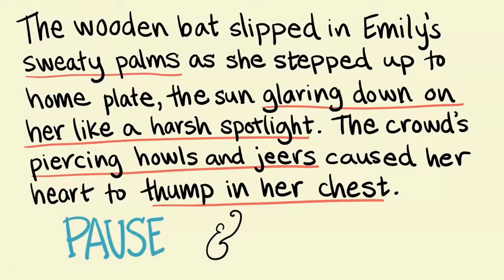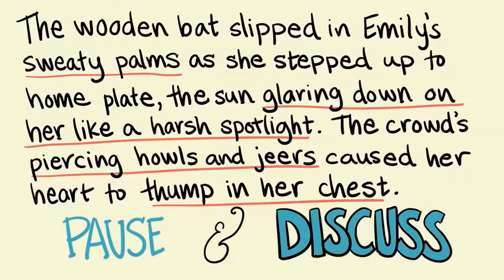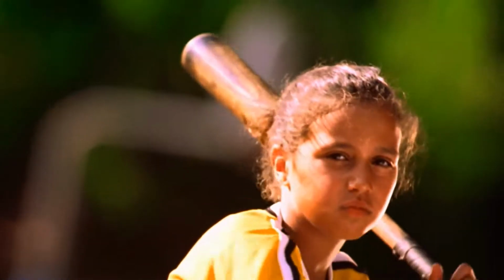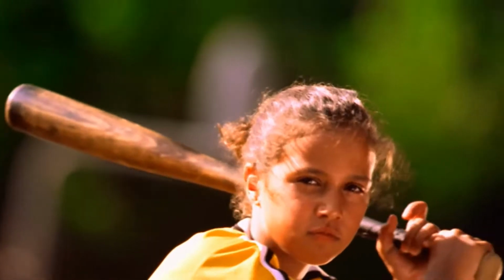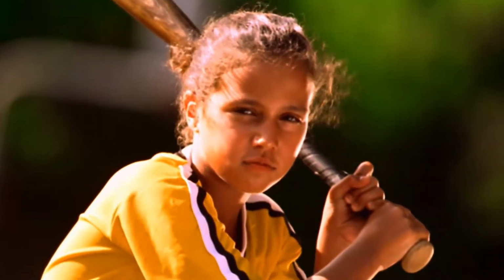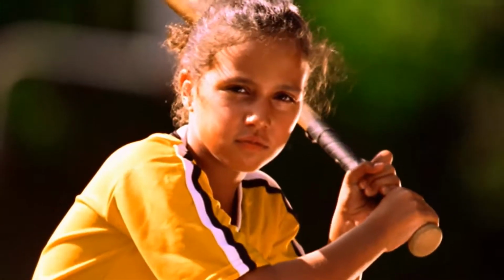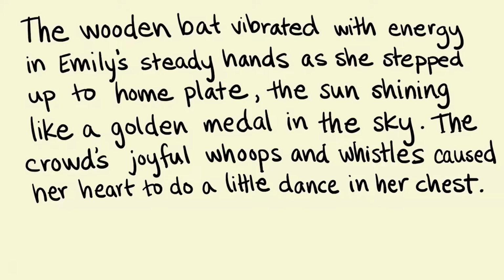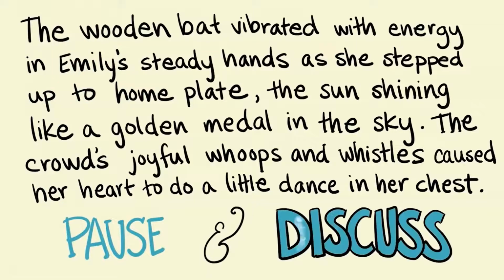What mood do these images create? What if the author had written, the wooden bat vibrated with energy in Emily's steady hands as she stepped up to home plate, the sun shining like a golden medal in the sky. The crowd's joyful whoops and whistles caused her heart to do a little dance in her chest. How did the different images change the mood?